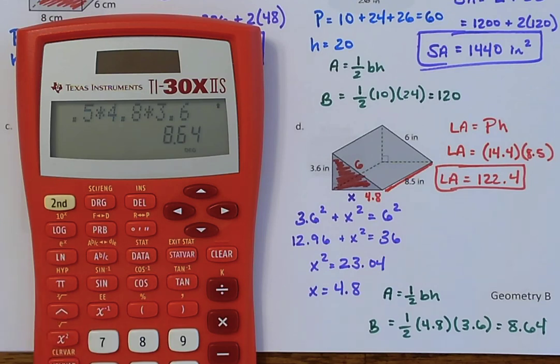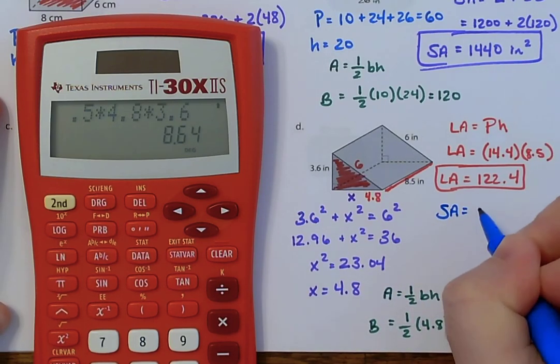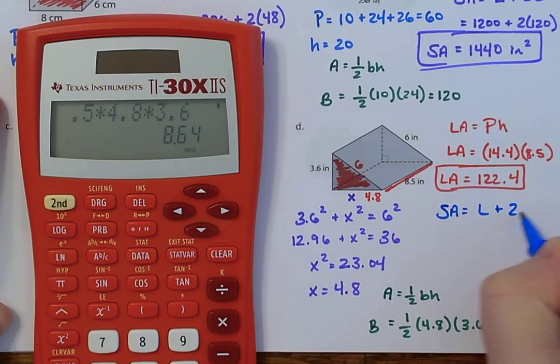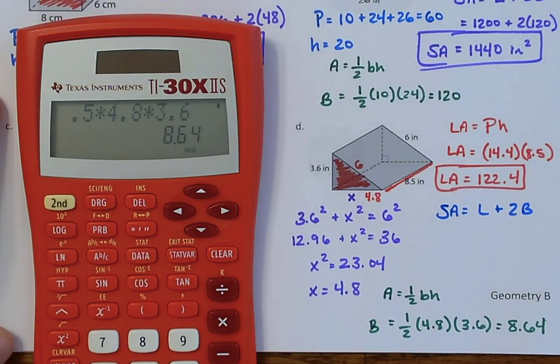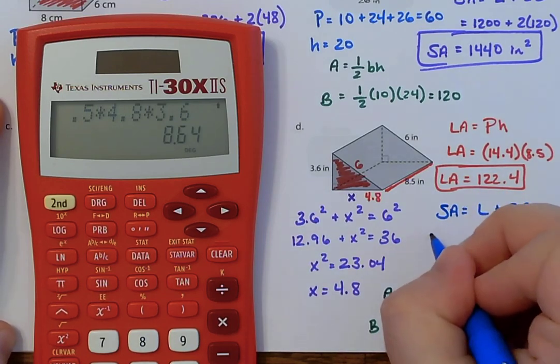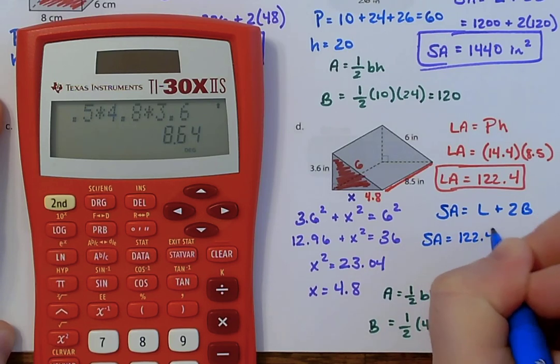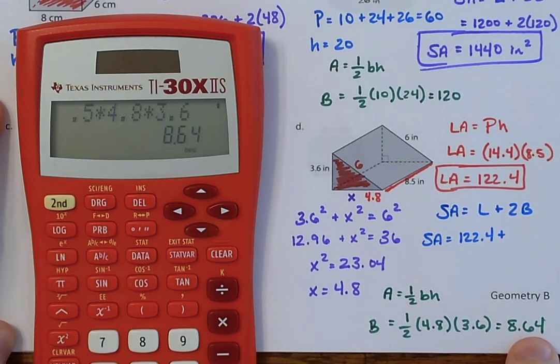So from there, we can figure out our surface area, which is the lateral area plus 2 times the area of the base. We know our lateral area to be 122.4, and we know our area of the base to be 8.64.